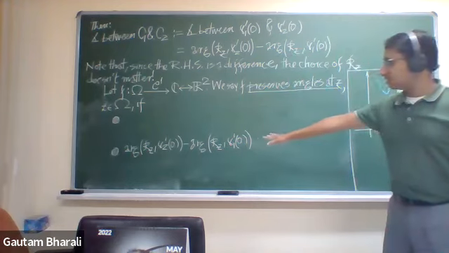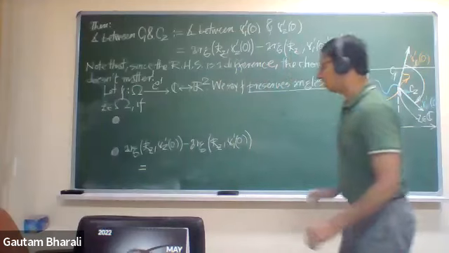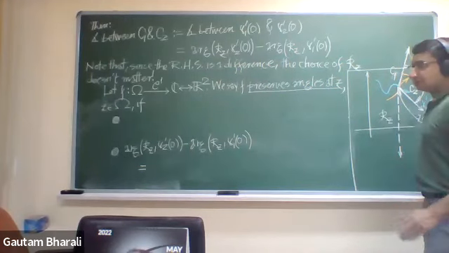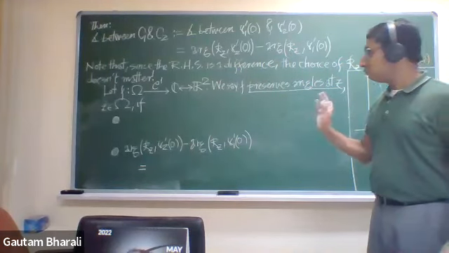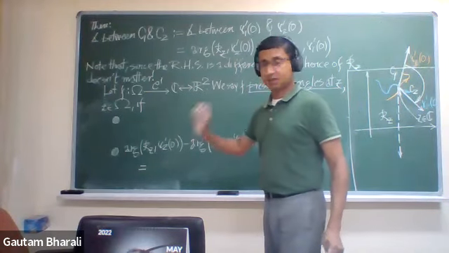So you see, this is the difference between the tangent vectors to gamma 1 and gamma 2 at the point z.